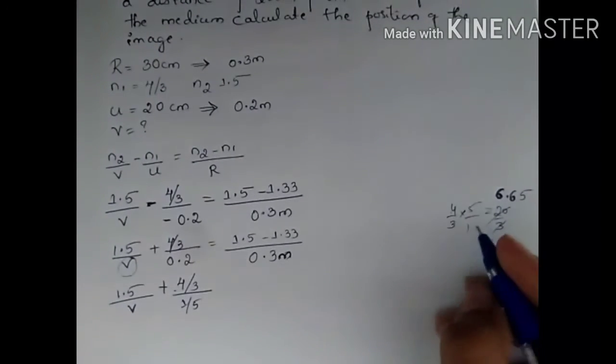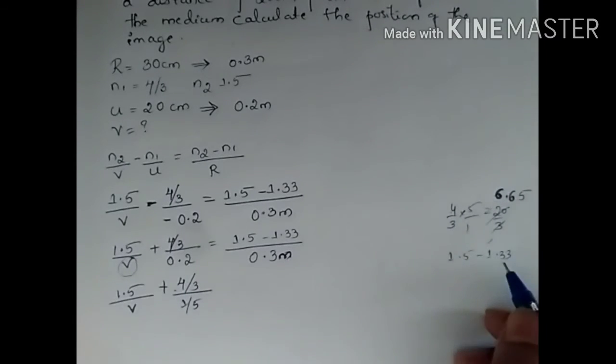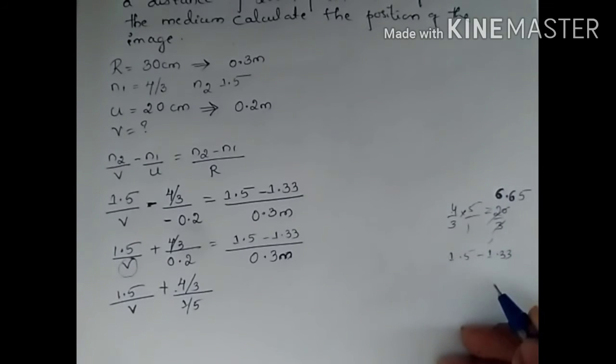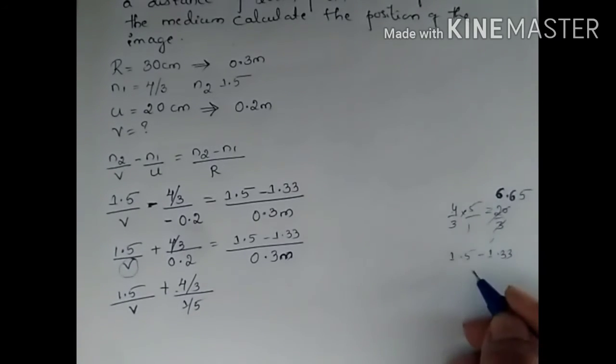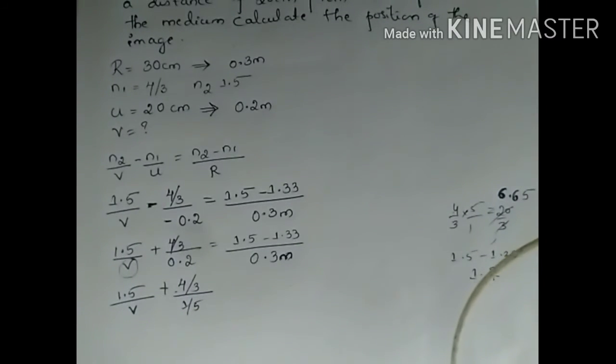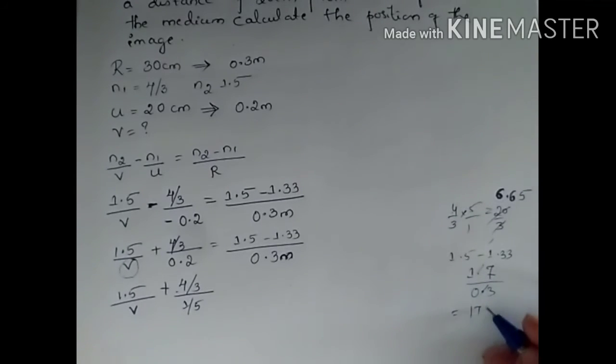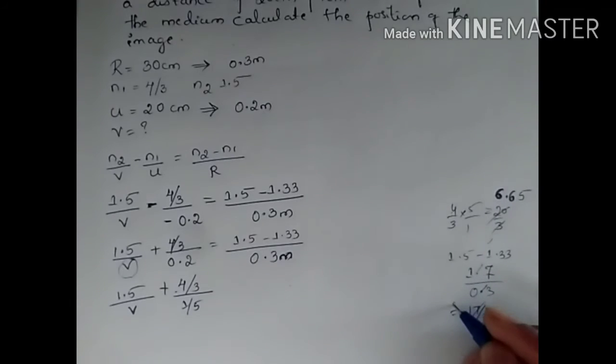Now there is one more, it is 1.5 minus 1.33. If you minus 1.3 from 1.5, it will be 0.2, and from 0.2 if you remove 0.03, then it will be 0.17. Clear? So this 0.17 is divided by 0.3, so this decimal will get cancelled. So this is 17 by 3. 3 5s 15, what is left is 2.